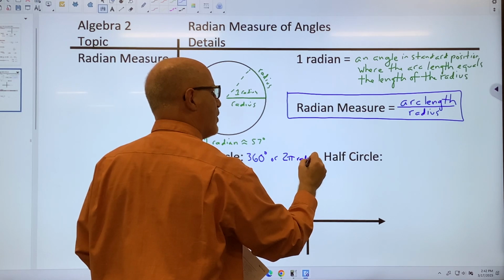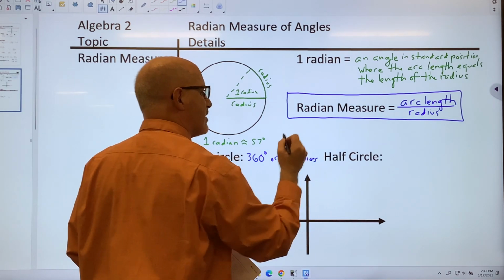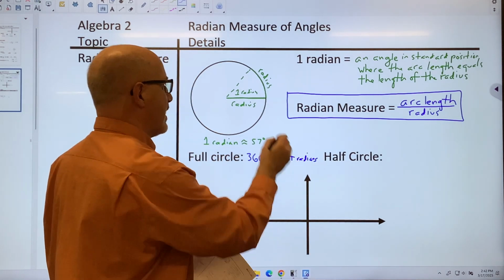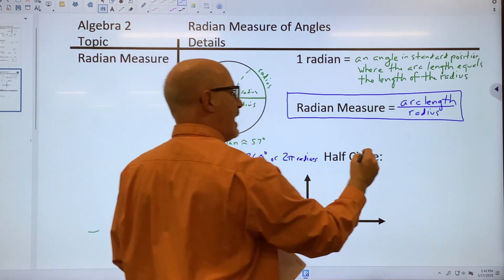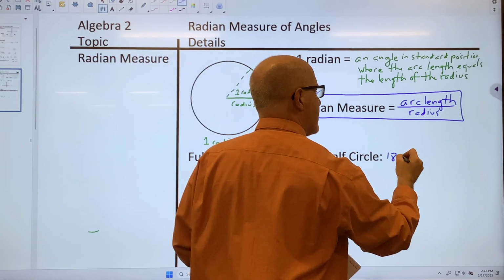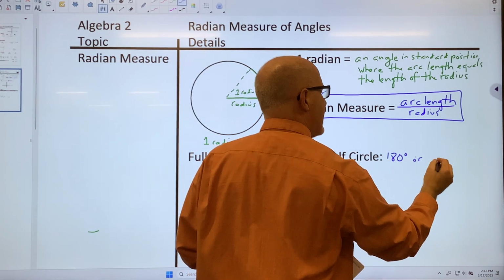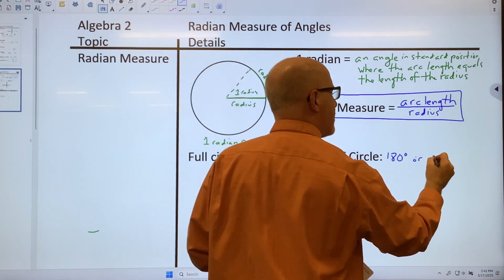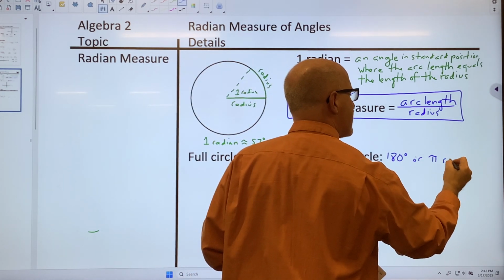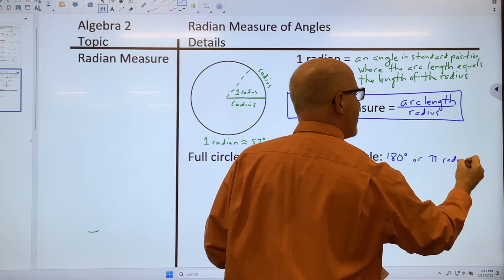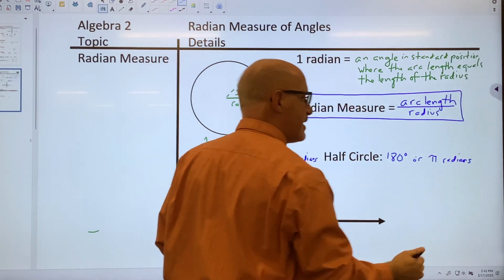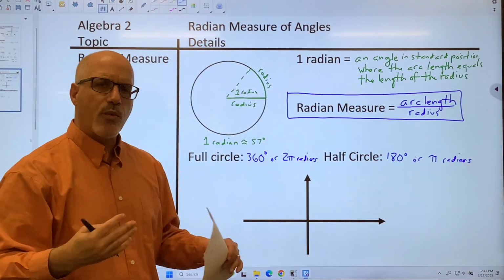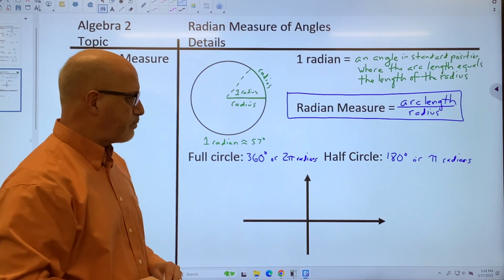Or you could just put 2 pi. For a half circle, halfway over is 180 degrees, or in radians, half of this, it's pi radians. So pi is going to be very significant in the measurement of radian measure angles.